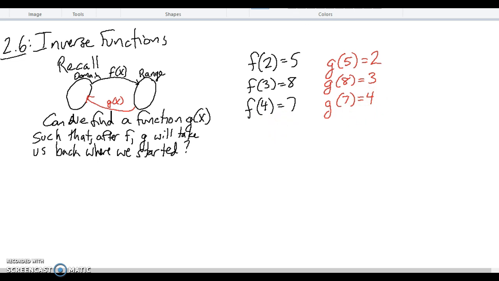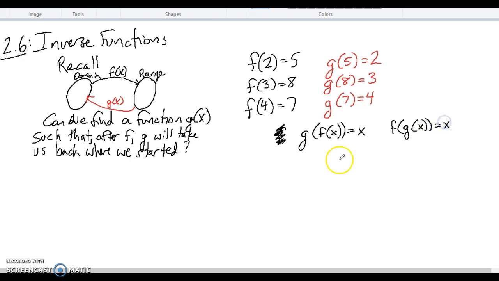And in general, g of f of x, remember composition from the previous section, g of f of x equals x. And we would also need f of g of x to equal x.